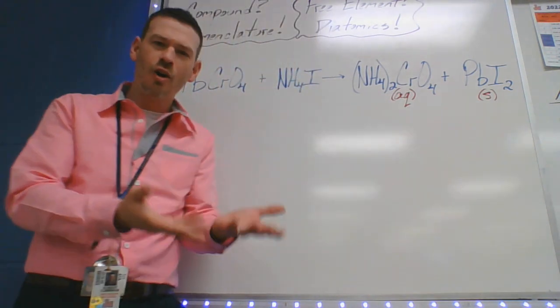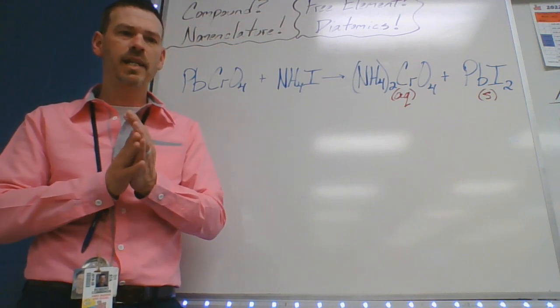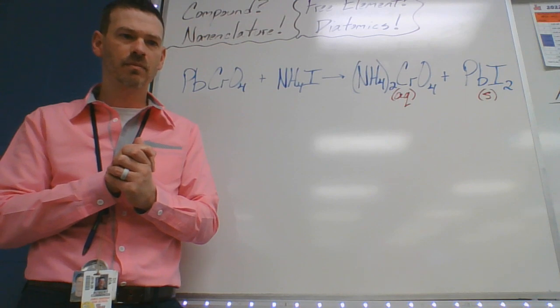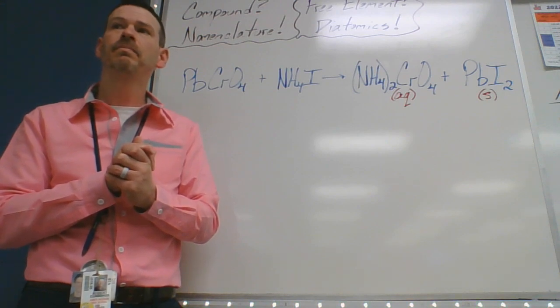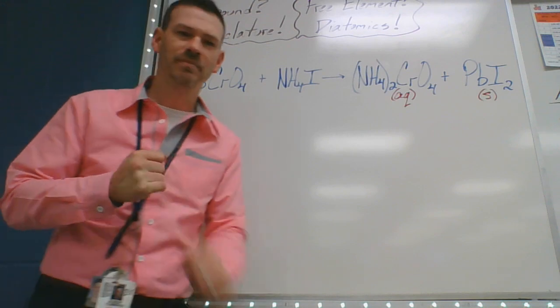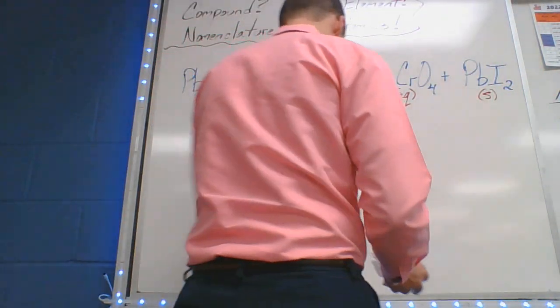So they're not hard to decipher. You just take a little bit of practice reading these and you should be good. Two more. Let's look at something a little different that we might have to think about.